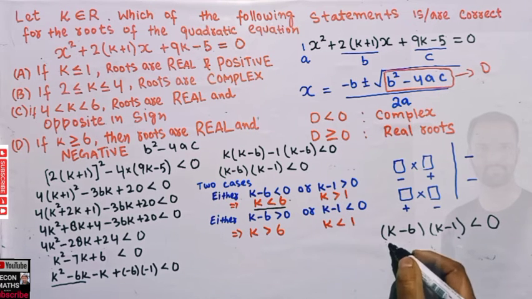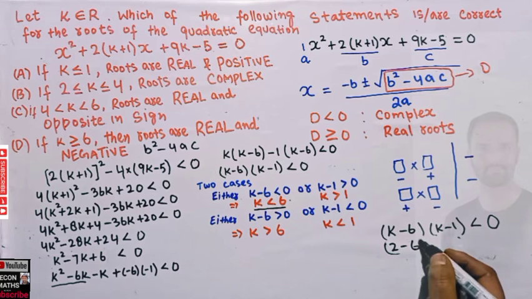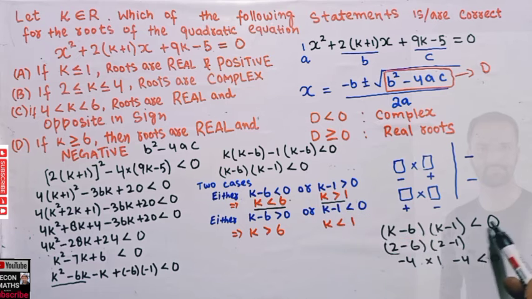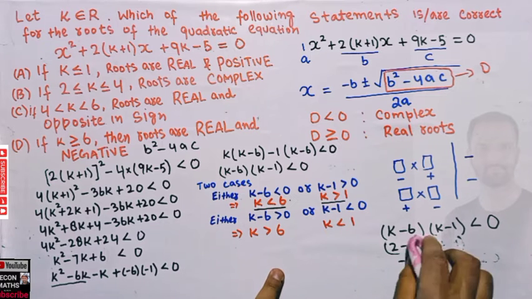In place of k, I will write 2 minus 6, then we have 2 minus 1. 2 minus 6 is minus 4 and 2 minus 1 is 1. So minus 4 into 1 is minus 4, which is less than 0. That means this k also satisfies our constraint. That means when k is greater than 1, this whole thing becomes less than 0. Okay, we are done with these two.